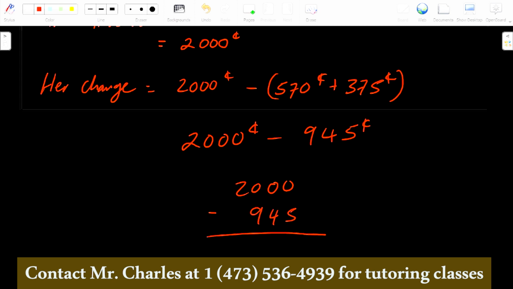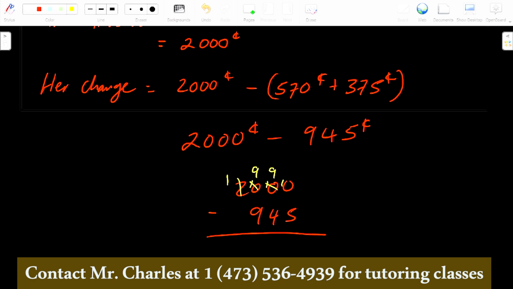We cannot get 5 from 0, and we cannot borrow from the 0, so we have to go to the farthest left and borrow from the 2. We borrow 1 from the 2, it becomes 1, and we continue to borrow. We borrow 1 from the 10, we put 9 here, and 1 here to get 10, and we borrow another 1 to get 9, and put 1 here to get 10.